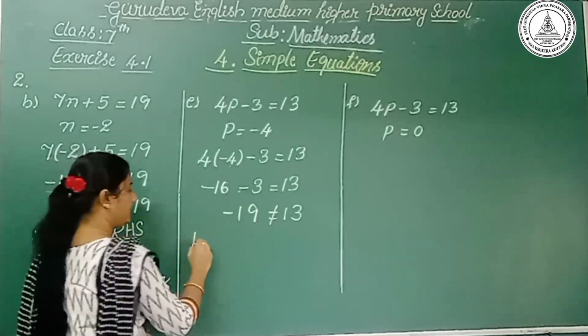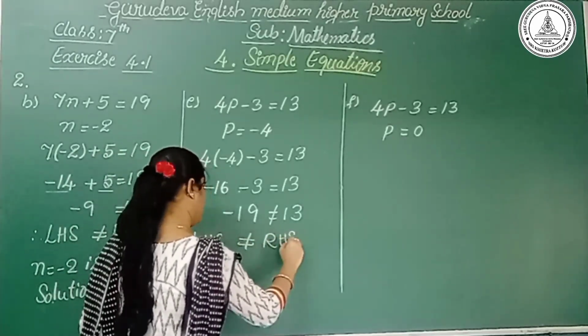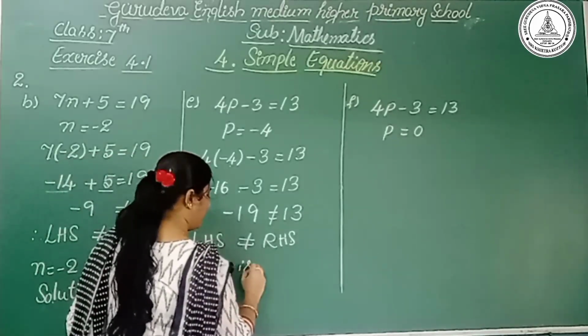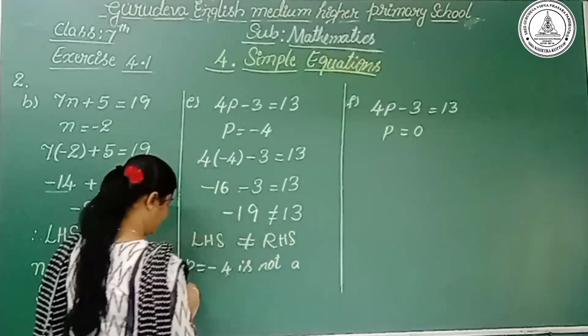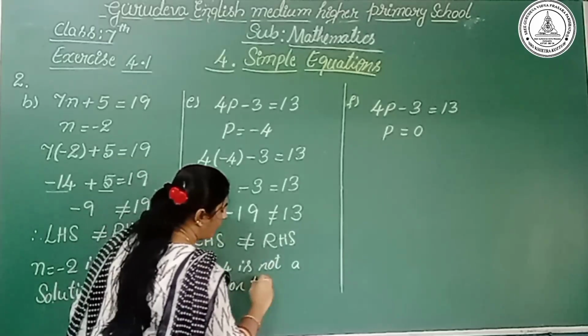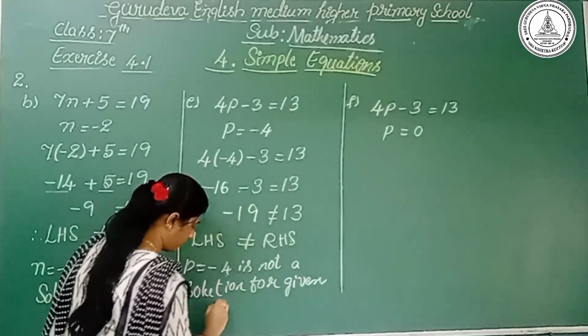Therefore we can say that LHS is not equal to RHS, and p equal to minus 4 is not a solution for the given equation.